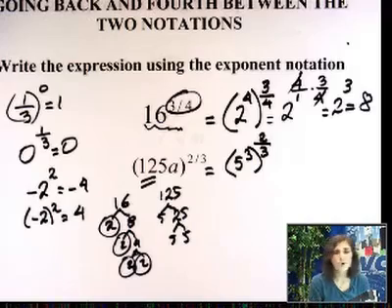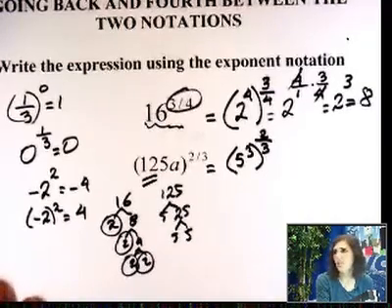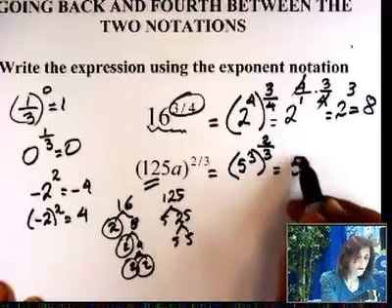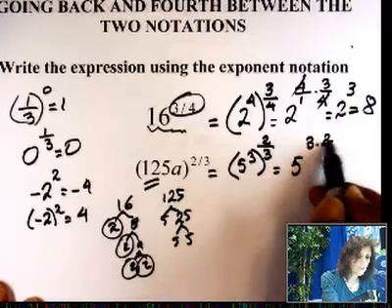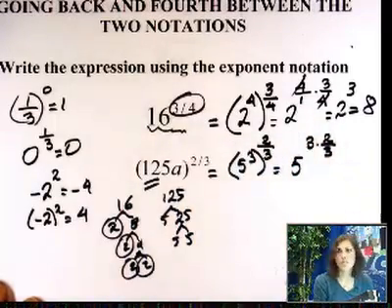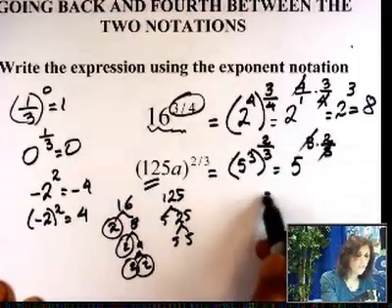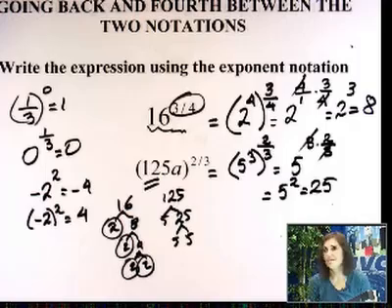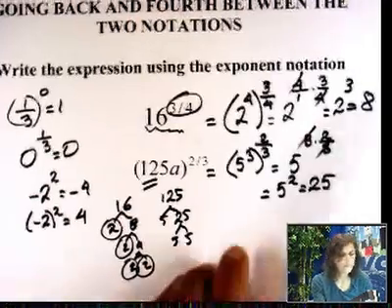All right, you have exponent of an exponent. How do you handle exponent of an exponent? You multiply them. What is 3 times 2/3? The 3's will go. You'll have 5 squared, which is 25. Do you see it? Very good.